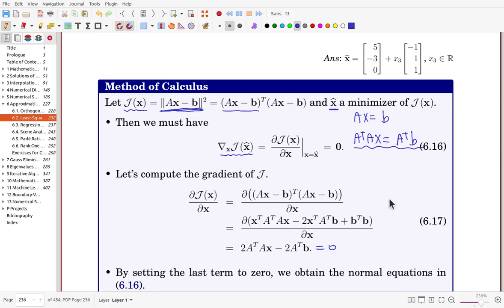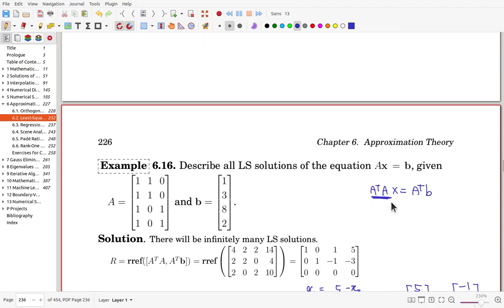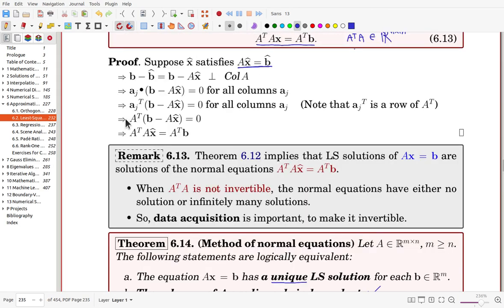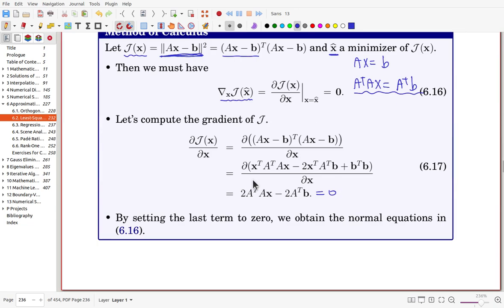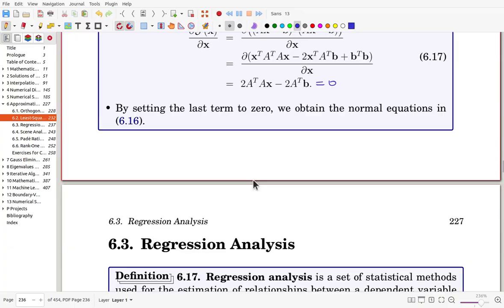Earlier, by using some properties, we obtained the normal equations. The solution of the original linear system must be the same as the solution of the normal equations, and the normal equations can be obtained through this technique, or through the method of calculus. That's the end of section 6.2. Thank you.